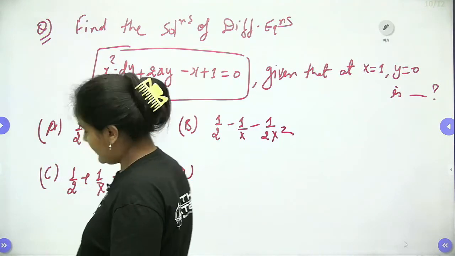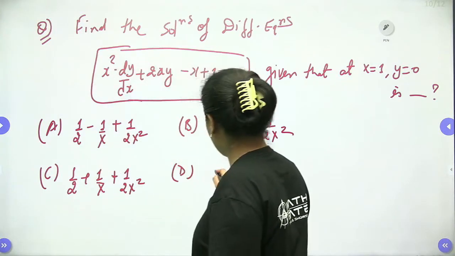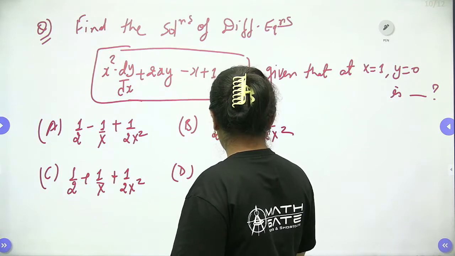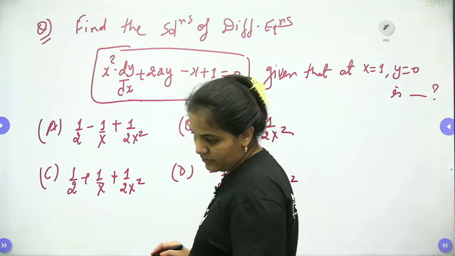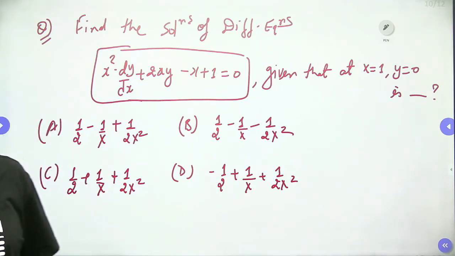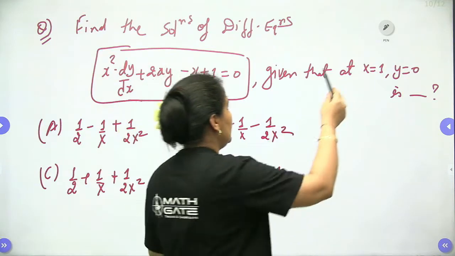And the last option is minus 1 by 2 plus 1 by x plus 1 by 2x square.